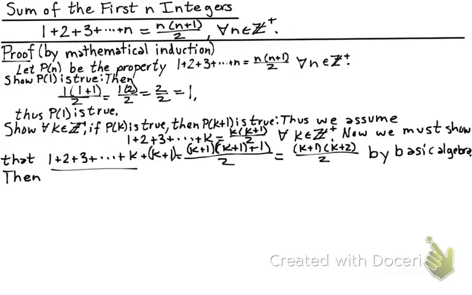So we'll start with that side: 1 plus 2 plus 3 plus all the way out to plus k, and then plus k plus 1. Well, if we take aside this 1 plus 2 plus 3 plus out to plus k, what do we know that's equal to?